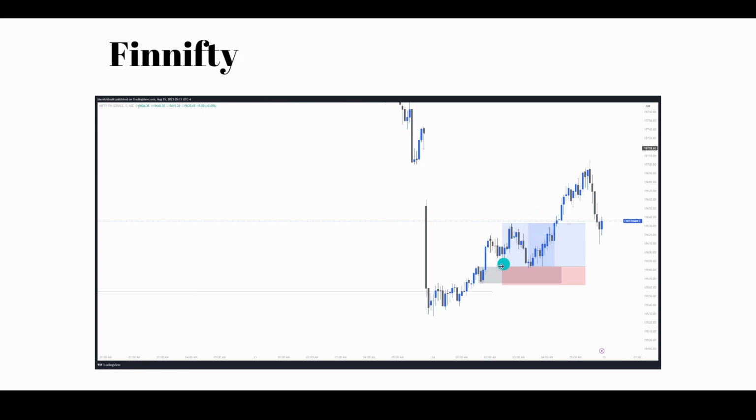As I told you, if you are marking a demand or supply zone and the market gives you a fake move without touching that zone, that is called inducement. Inducement is nothing but a part of liquidity. Price grabs that liquidity, and then the move continues from there.